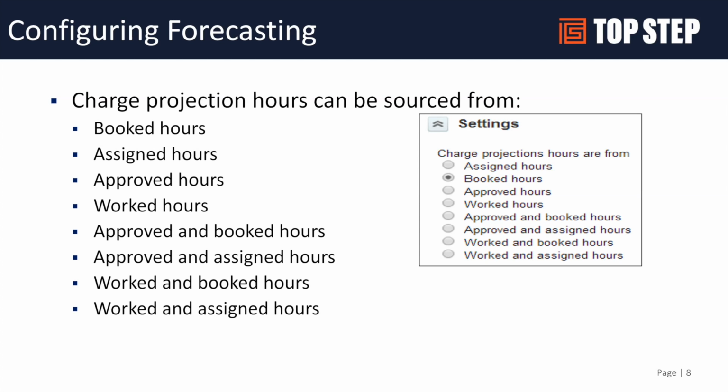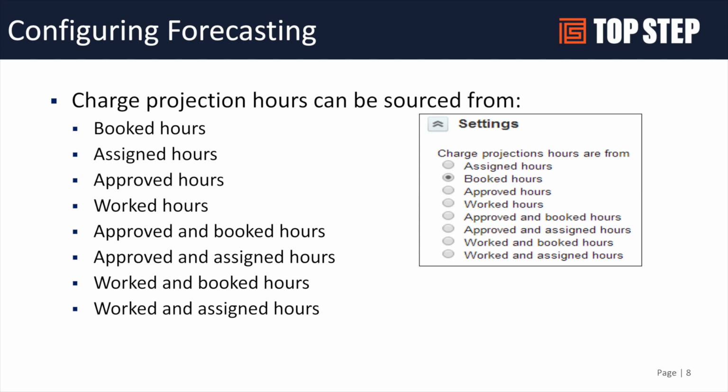Why in the world would you use approved or worked hours, right? Those are past, those are behind us, not in the future. We don't see this for generating forecasts, but it is an option, and we've seen customers use this for other reasons. One example is a customer that wants to say, as soon as hours are entered on a timesheet, I want to be able to report on the dollar value of those hours. Well, how do we get that value?